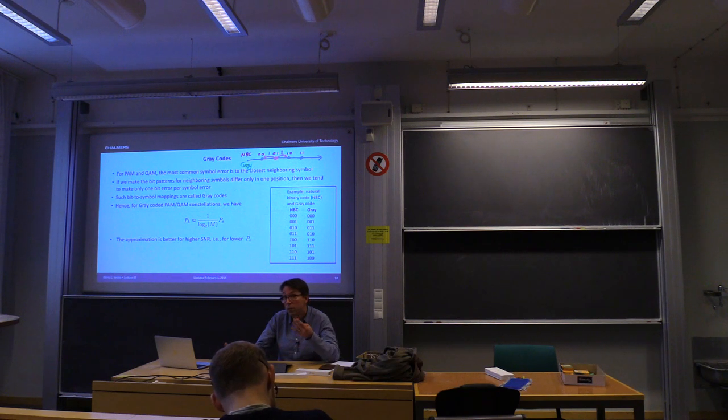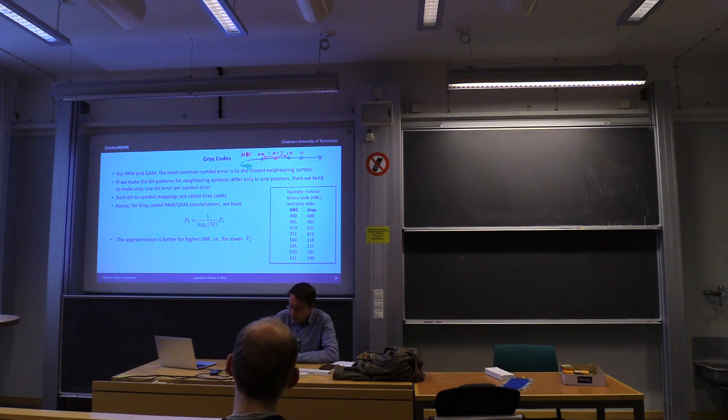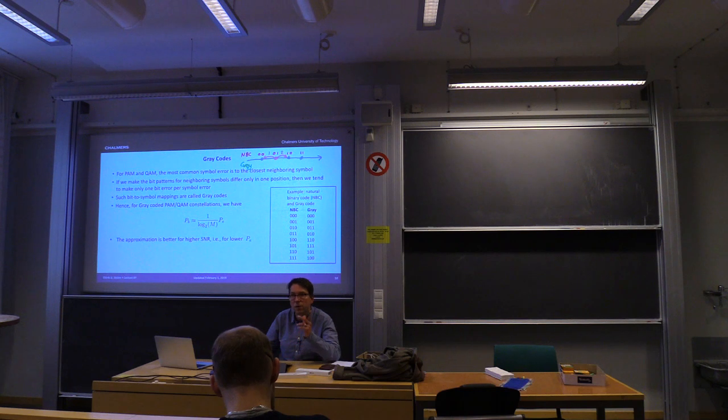But if you have 3 bits, the worst you can do is 3 bit errors. So I would like to enumerate this in a different way so that adjacent points differ at most in 1 position. And that's called the Gray code. So I could do, for instance, 0 0. And then I would like to move just 1, so 0 1. There is 1 bit position that differs between 0 0 and 0 1. Okay, and instead of going 1 0 on the next one, I do 1 1.